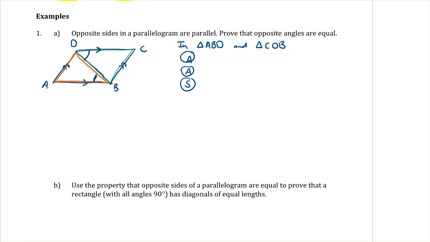Okay, so I'm going to write that down. Remember to match your vertices. So angle DBA equals angle BDC. Now the reason that I know they're equal is because they are alternate angles on parallel lines. So I'm going to go alternate angles.